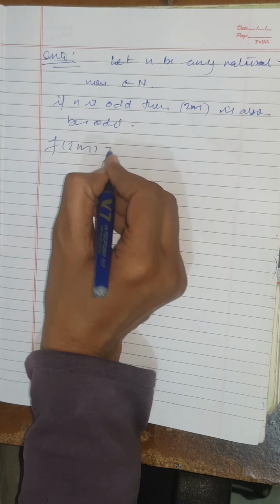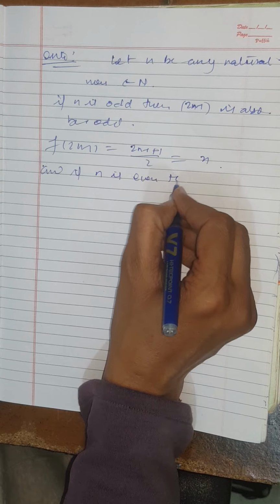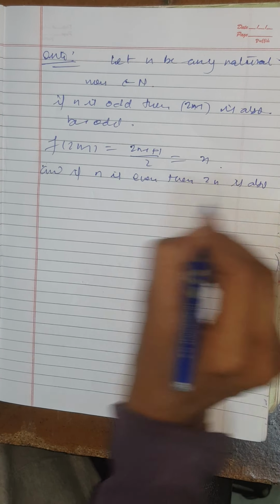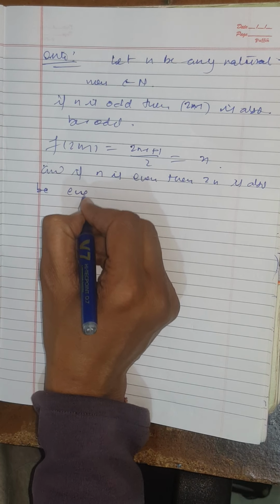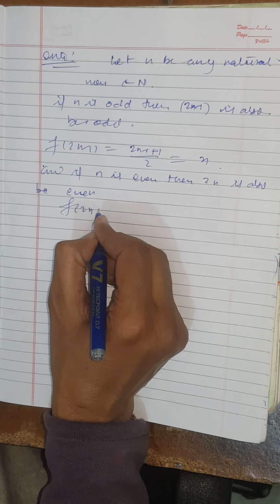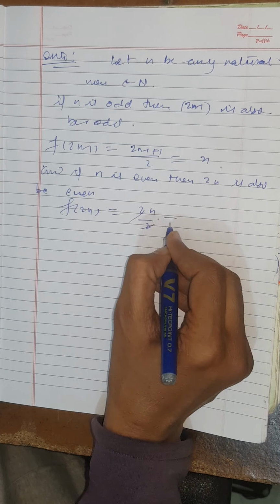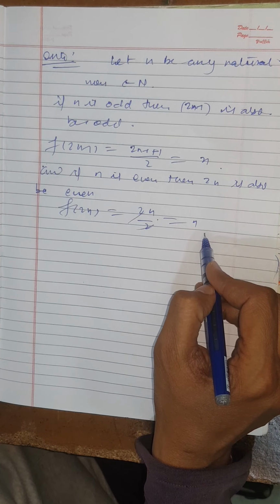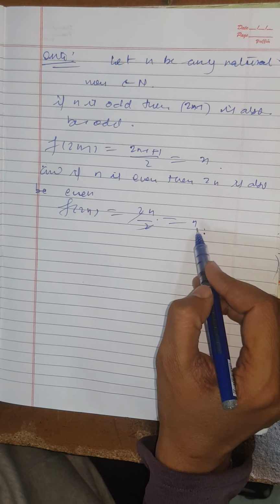Therefore f(2n-1), using the definition for odd numbers, is (2n-1+1)/2, that will be n. And if n is even, then 2n will also be even. Then using the definition for even numbers, f(2n) is 2n/2, which is n.